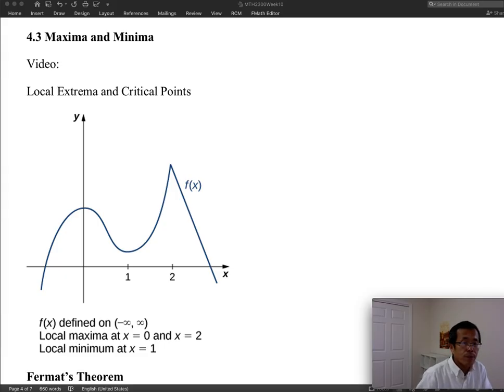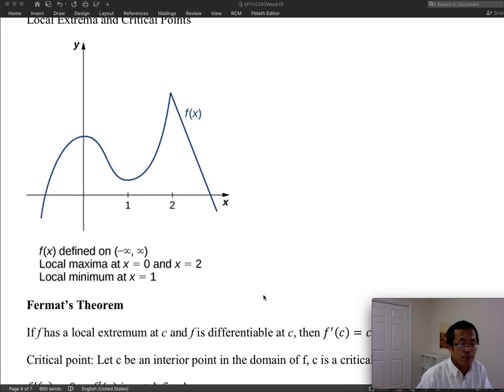Look at the first graph. Basically, I'm using the graph just from the textbook. Look at this chart closely. It looks like, well, it is at x equals 1. That's a lower point, but it is really not the smallest value for the entire function, right?